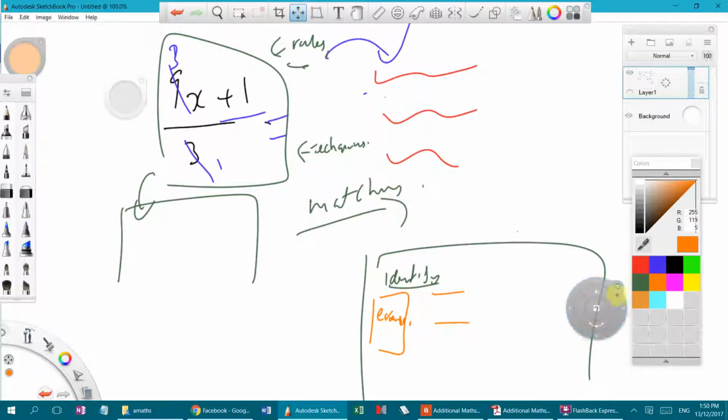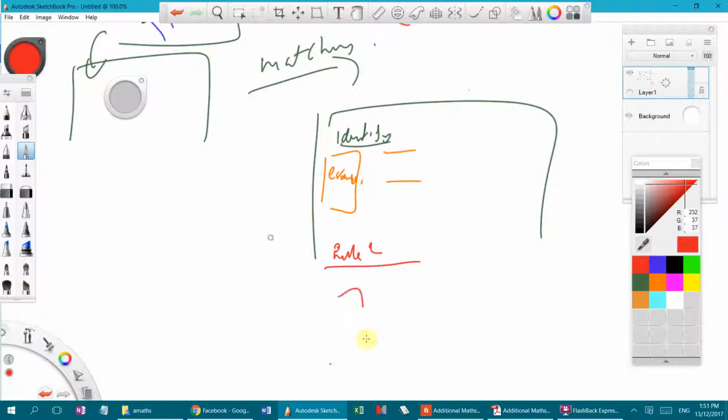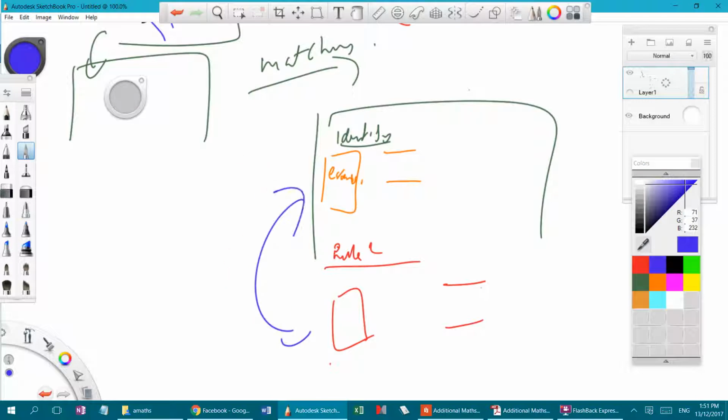Afterwards we can have rule 2. I suppose there might be a few rules, I'm not so sure. Again the example, then ask them to solve two questions on their own. Afterwards, we can combine the rules together to have something very complicated and difficult.